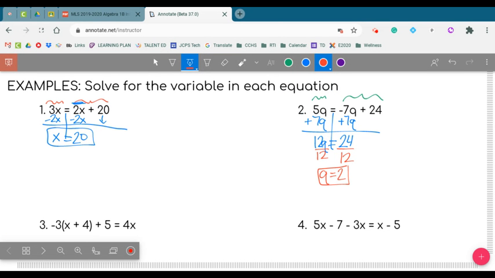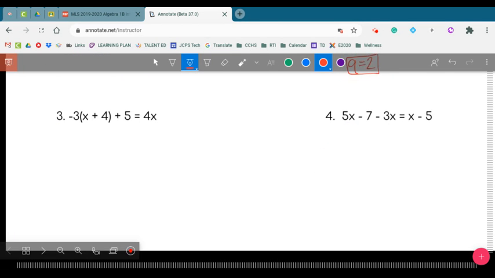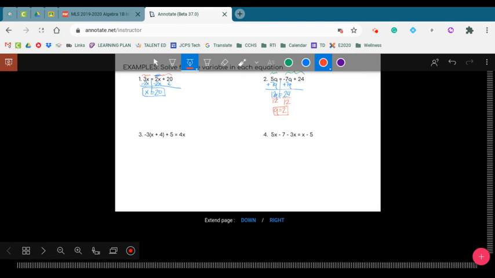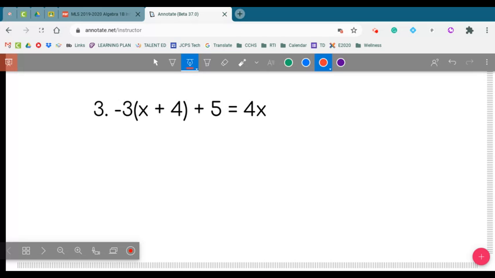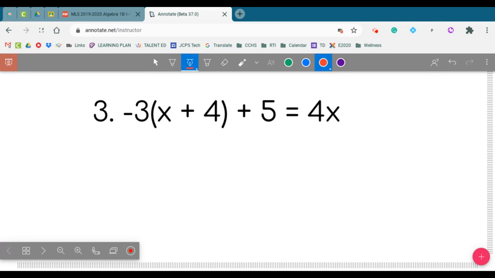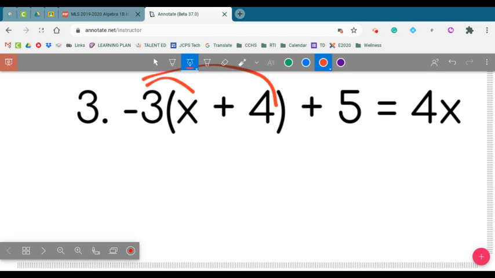Okay, now let's go down to the next two that get a little bit trickier. Number 3, the first thing I see is parentheses, so I've got to make sure I distribute. Whenever you're distributing, you're multiplying. So negative 3 times x is going to give you negative 3x. Negative 3 times 4 is going to give you negative 12.